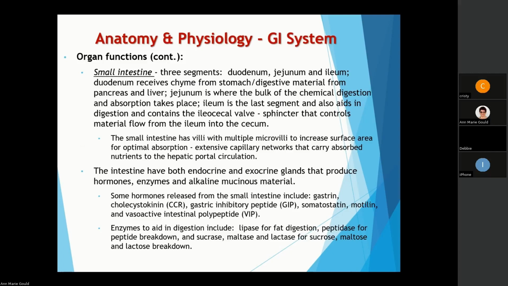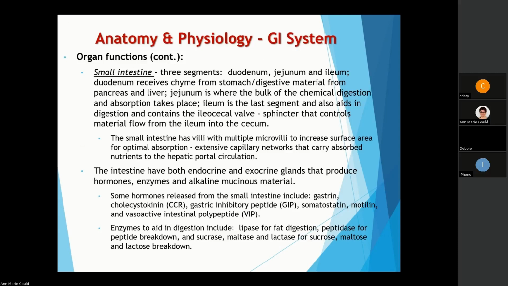Now, some of the hormones that the small intestine may release include your gastrin, your cholecystokinin, or CCK, gastric inhibitory peptide, or GIP, somatostatin, and your motilin, and vasoactive intestinal polypeptide, or your VIP.